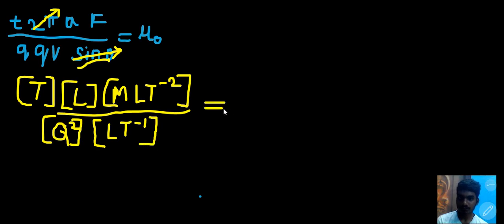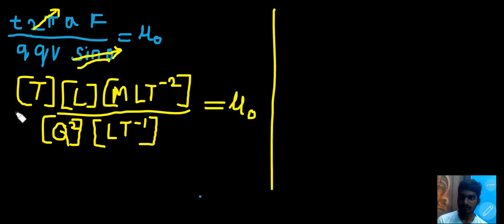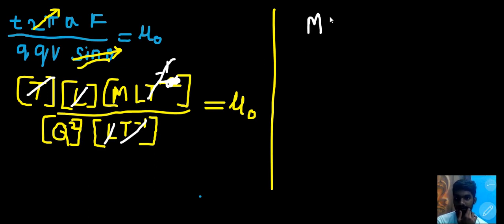This is equal to the dimension of mu naught. Continuing, you can see that L gets cancelled, and T power minus 1 is present, so the T cancels with it. The remaining is M L by q square, so q power minus 2.